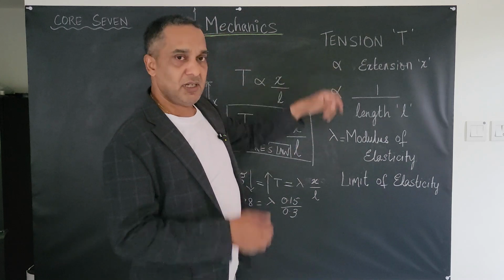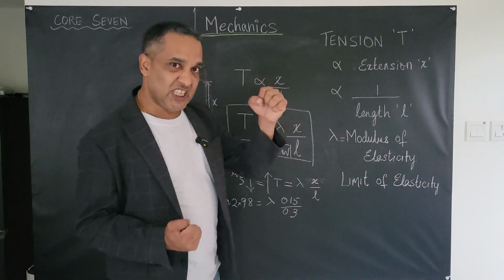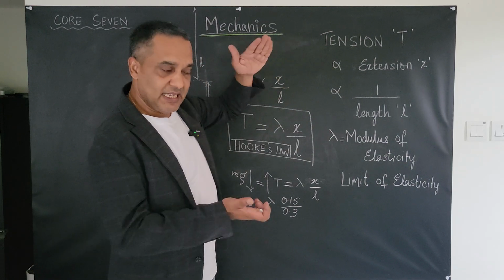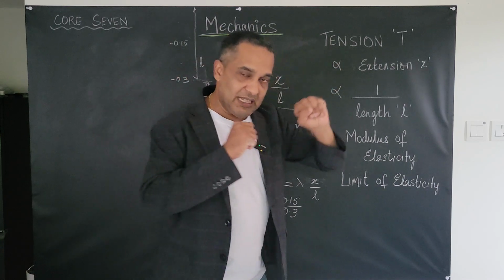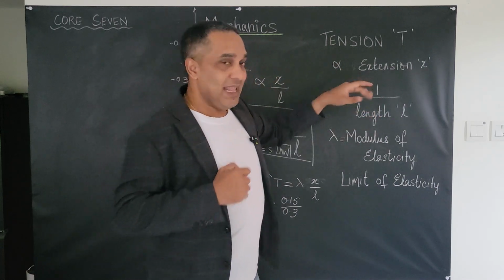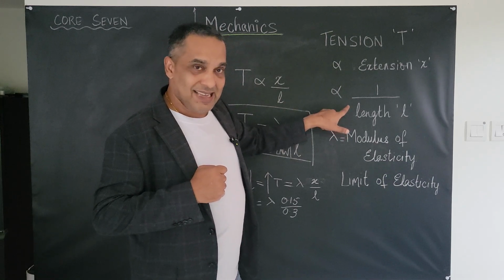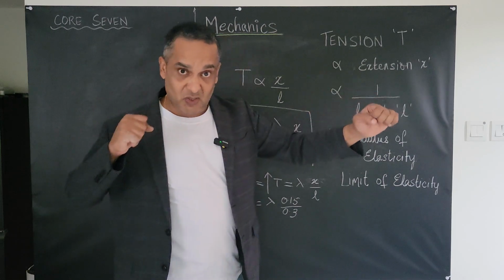To summarize: tension, that's the reactive force within the elastic string. In a spring that is compressed, it's called thrust. An elastic string that's stretched, the original length of the elastic string gets extended by an extension when it is stretched.